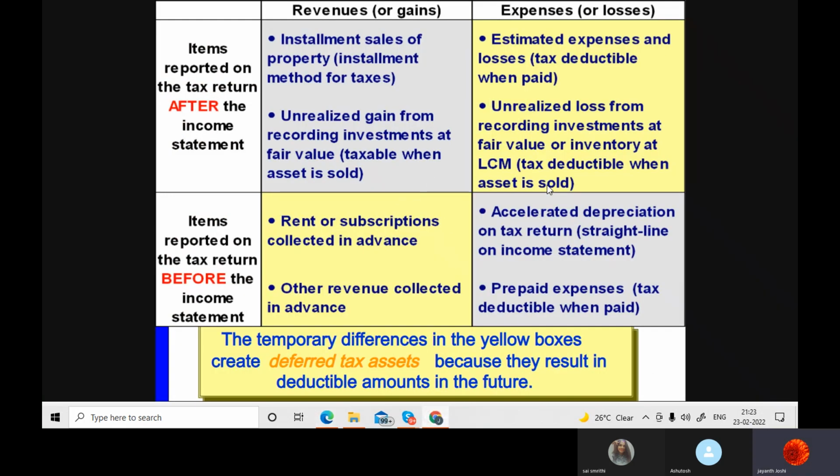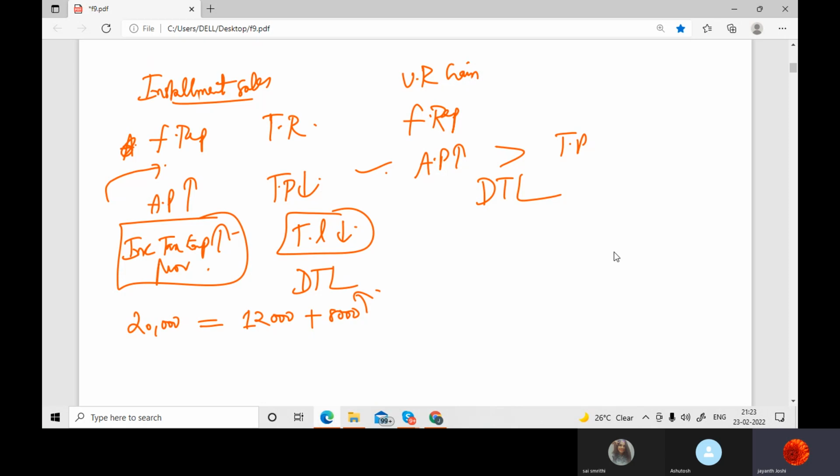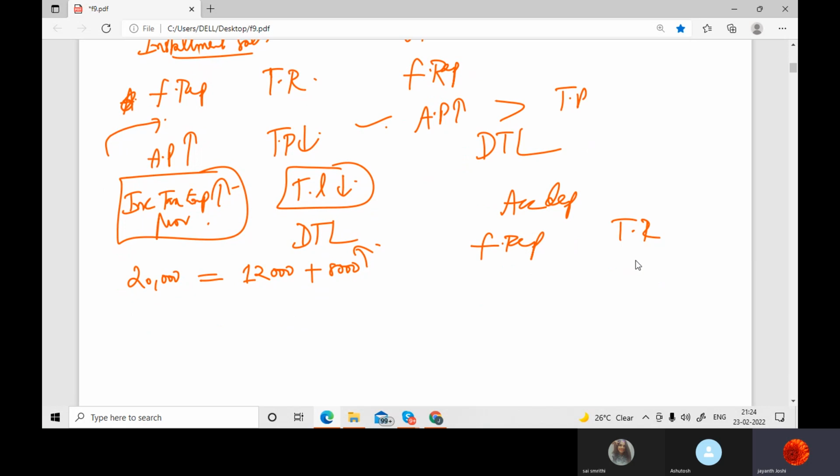Okay. Third point. Then comes accelerated depreciation on tax returns. This is accelerated depreciation, not accumulated, accelerated. So the financial reports and then the tax returns. What happens? Your depreciation amount is high in the tax return.